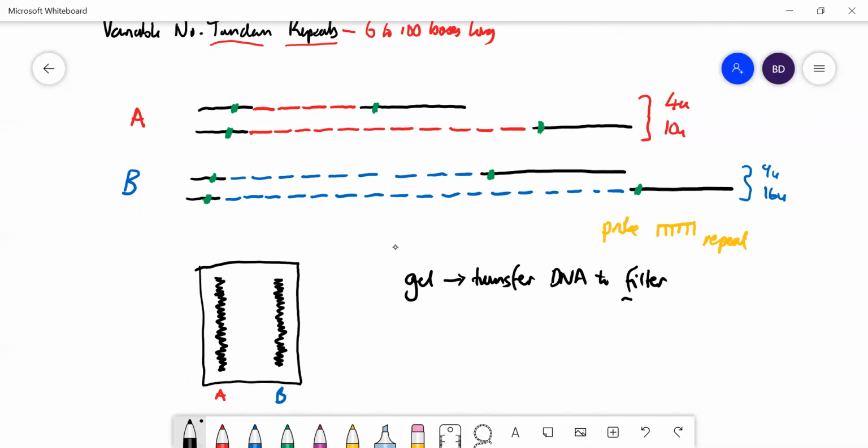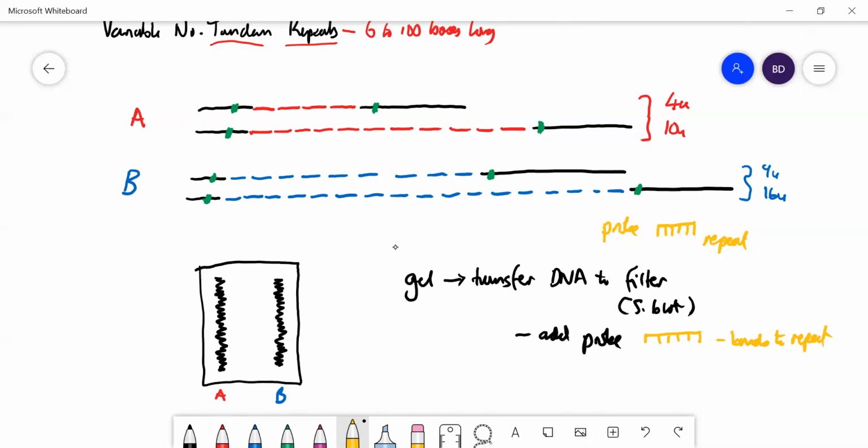Okay, that's called a southern blot. And then you add the probe, which can only hydrogen bond to the bit in the repeat. So that binds the repeat.